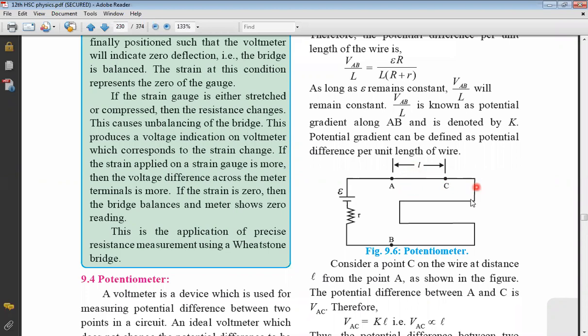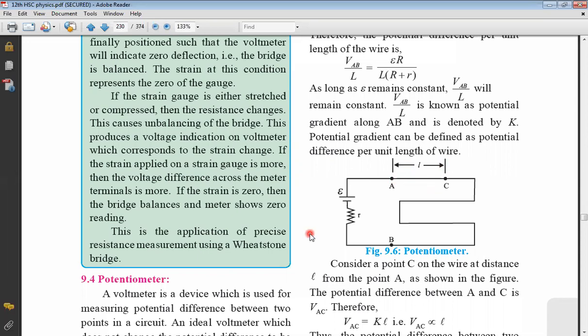If the distance doubles between points A and C, instead of 2 centimeter, it is 4 centimeter, then if the PD between them were 3 volt, it would become 6 volt. So as distance doubles, PD doubles between them. If distance triples, potential difference between them triples. PD between any 2 points on the wire is directly proportional to length of the wire between the 2 points.